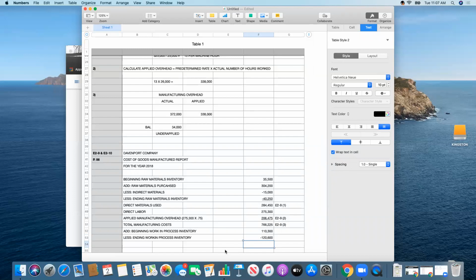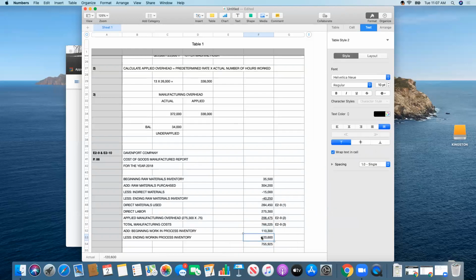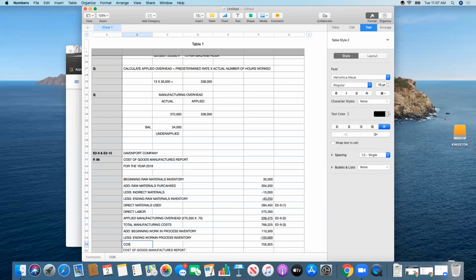Right, now if I combine those three amounts, $755,925, that is the cost of goods manufactured.